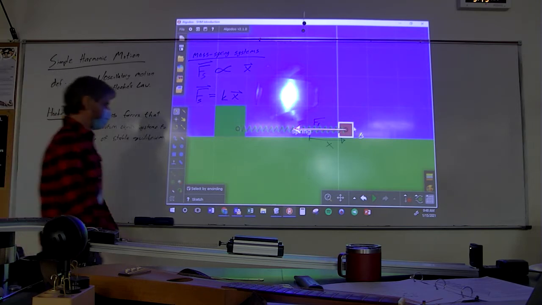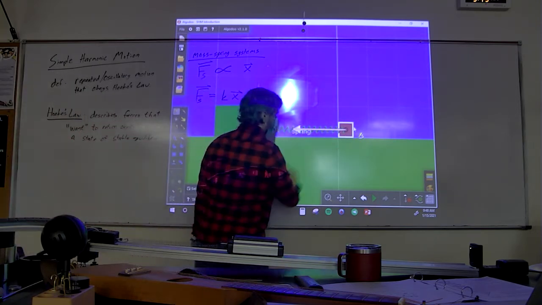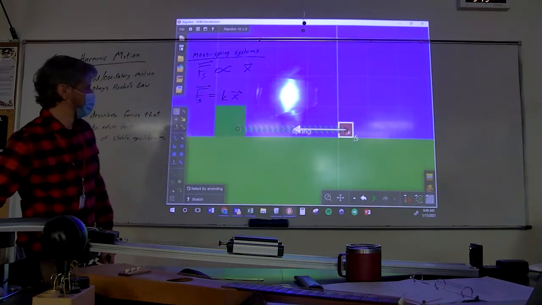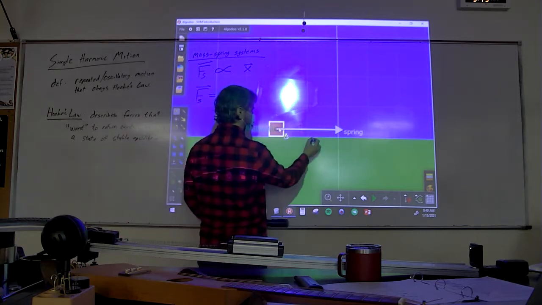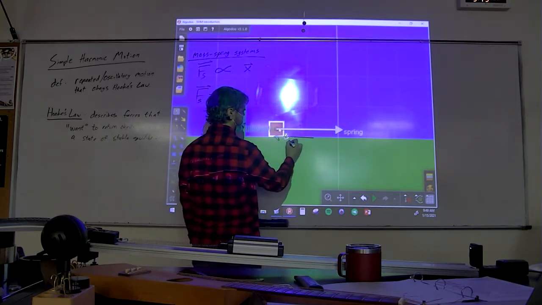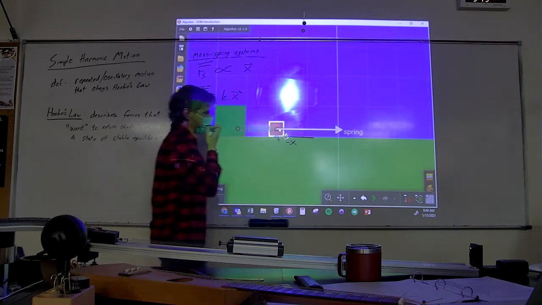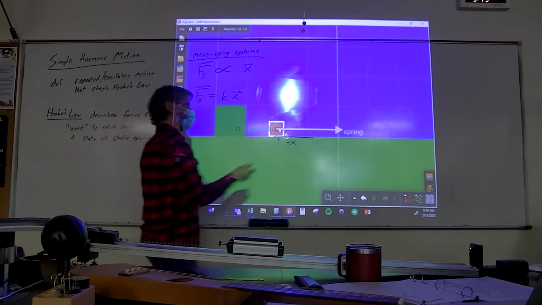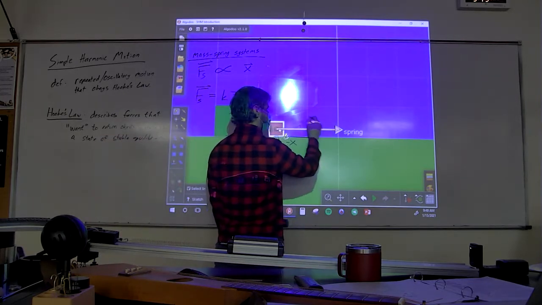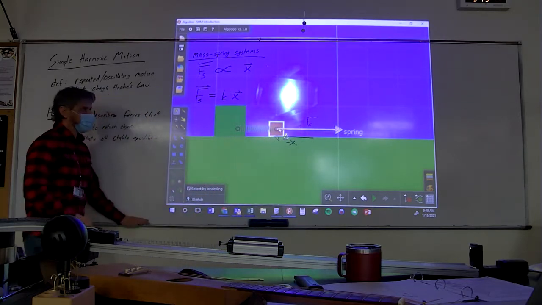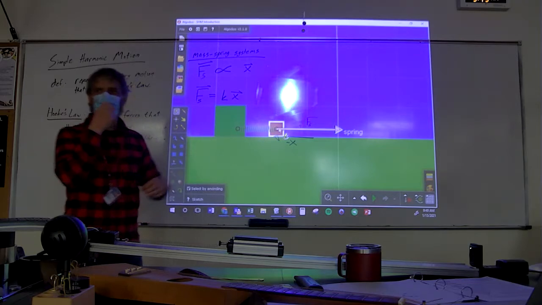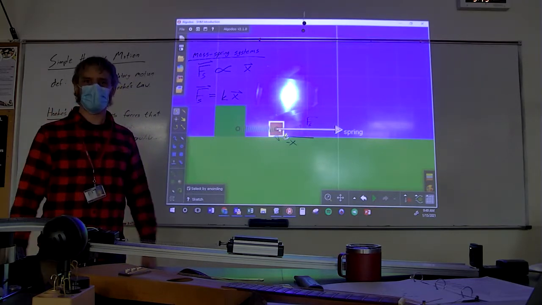What if I have a negative displacement? Now I have a displacement that's in the negative direction from equilibrium, and the spring force is positive. Making sense of that is what lets you make sense of the concept of the restoring force.